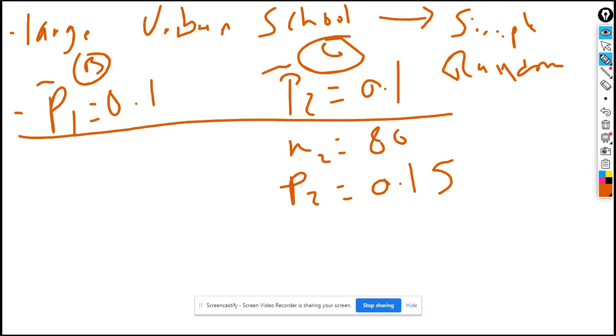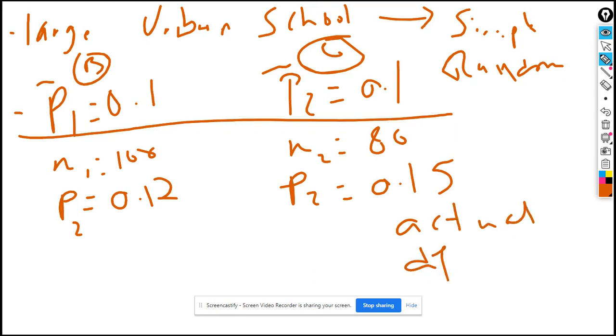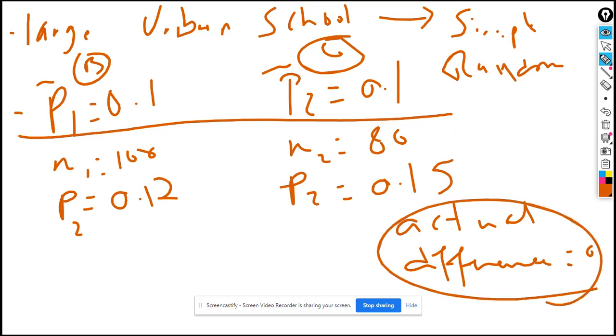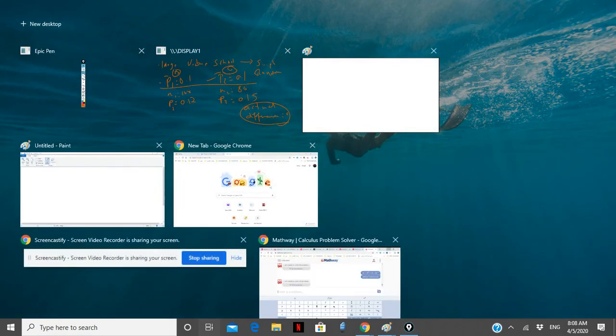And for the boys, the number of the sample is 100 with a percentage of 12%. If the actual difference is 0. This is the key for proportion 1 and proportion 2.